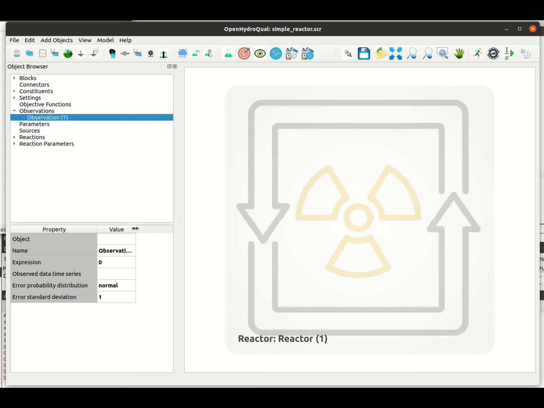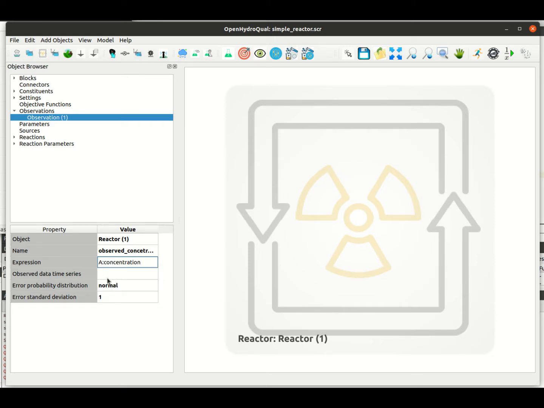First of all, let's change the name. I'm going to call this observed concentration. It's actually the observed concentration of A, but A is the only chemical species that I have. The object is reactor 1, and the expression is going to be A colon concentration.